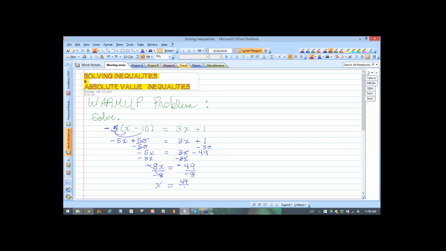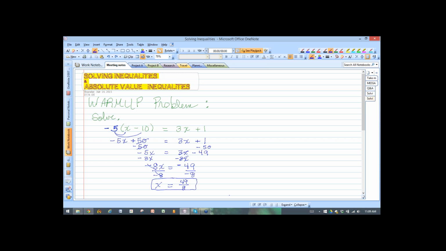So 49 eighths. And 49 only has factors of 7. 8 has prime factors of 2, right? So there's no common factors to reduce by, so I am done. So here we go. Done.